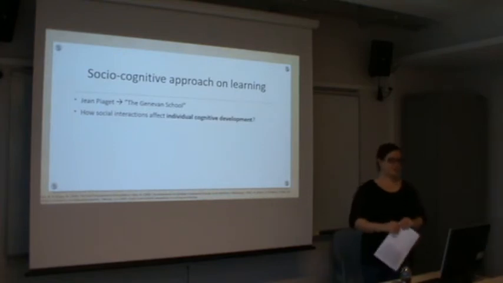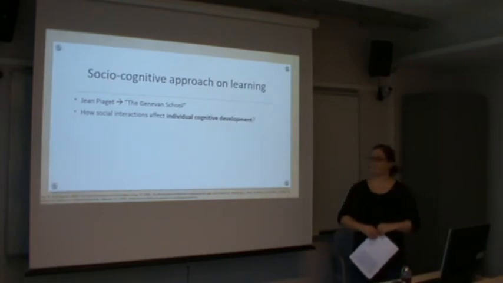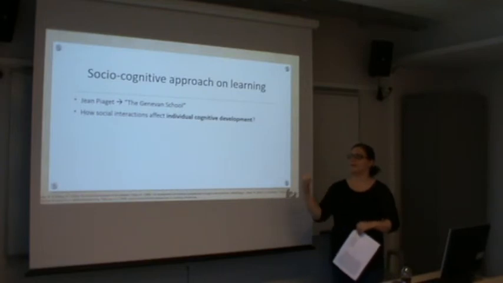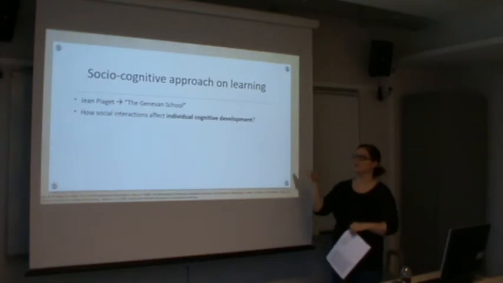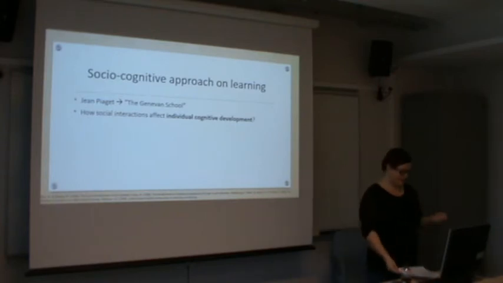The focus in the social cognitive approach is on individual cognitive development. Of course, the social aspect is there, but the main idea is that the researchers study how these social interactions affect the individual level. So the focus is still on the individual.